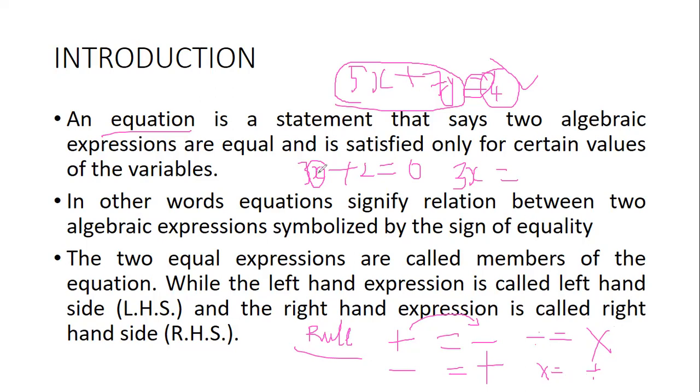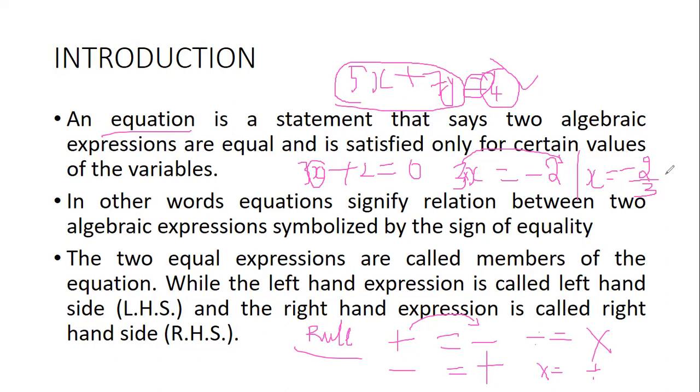Here you have 3x, so I'm taking plus 2 to the other side, and it becomes minus 2. Next step, since it is 3 into x, I have a multiplication, so 3x is equal to minus 2. If multiplication goes to the other side, it becomes division, so x is equal to minus 2 by 3. So the value of x here will be minus 2 by 3.